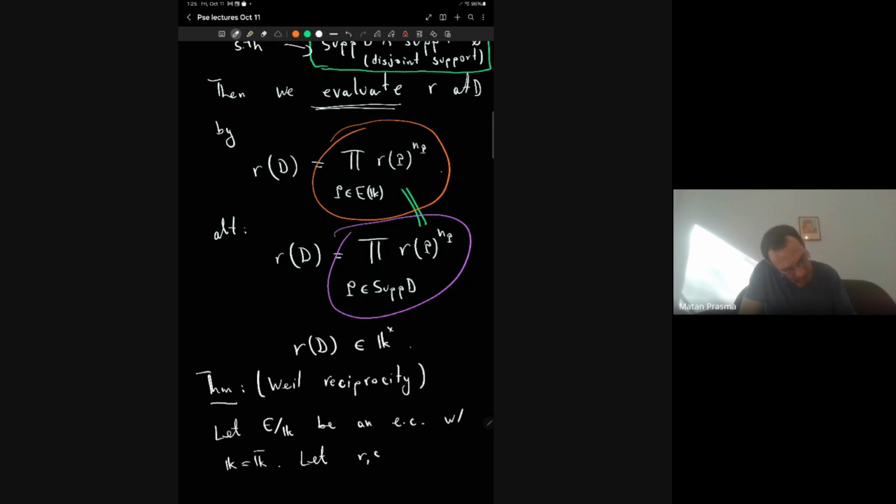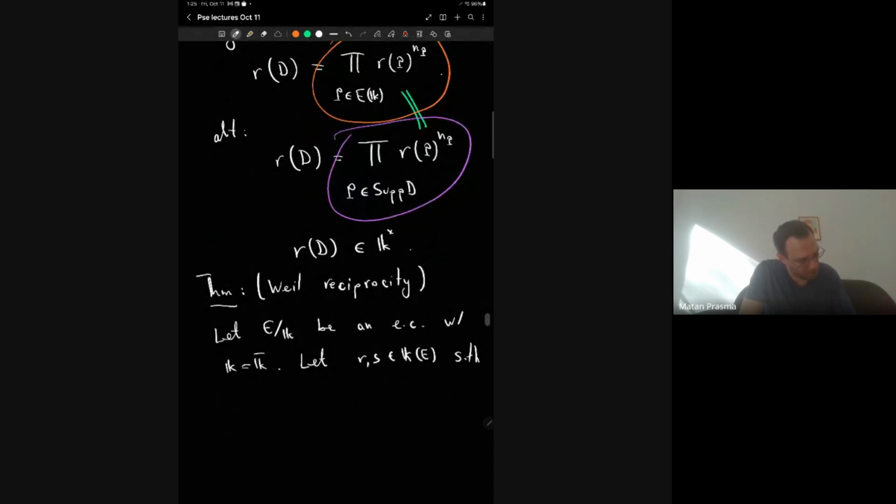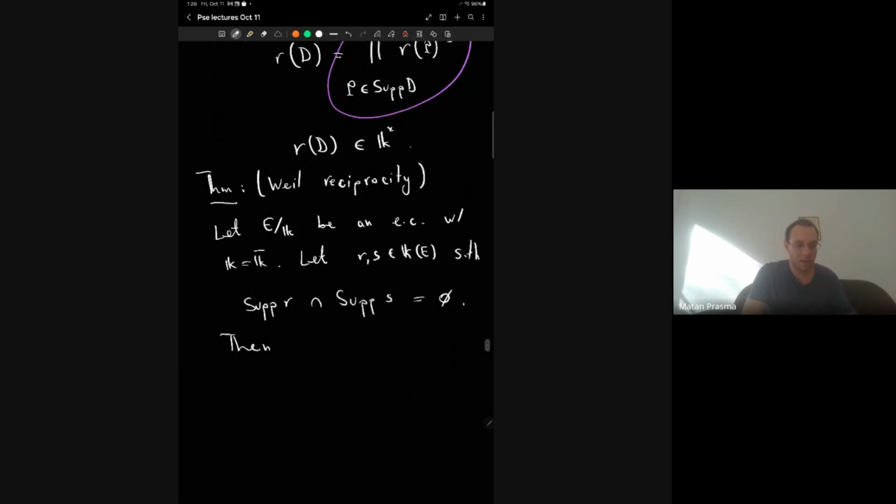Let R and S be rational functions such that the support of R is disjoint from the support of S. Then if I take R and evaluate it on the divisor of S, I get the same thing as S evaluated on the divisor of R.